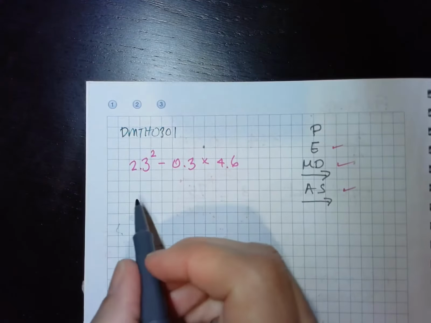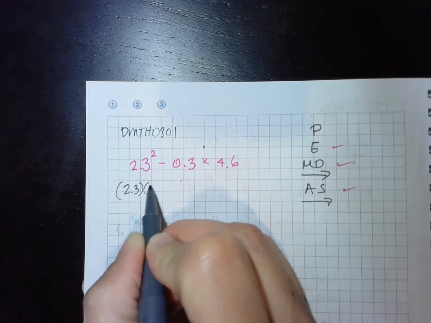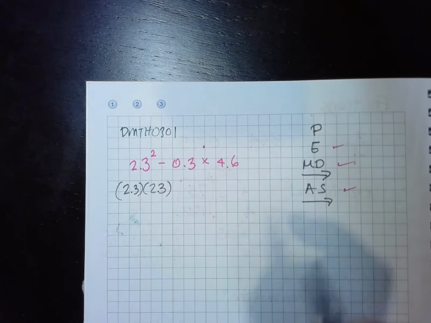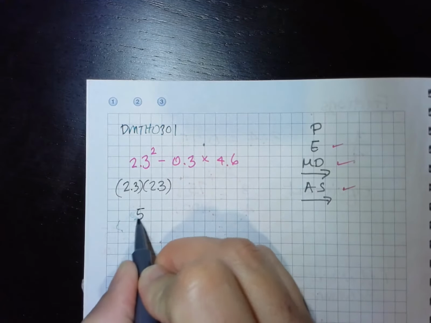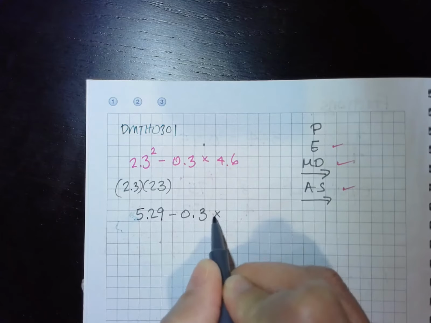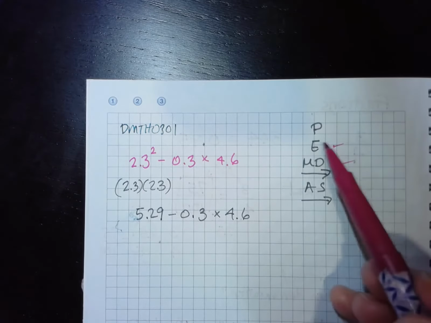So 2.3 squared, that means 2.3 times 2.3. So on my calculator, when I multiply 2.3 times 2.3, I get 5 and 29 hundredths minus 0.3 times 4.6. So I've taken care of this one.